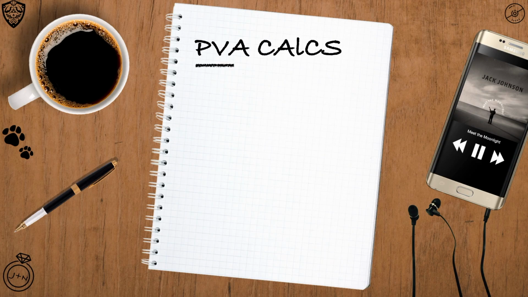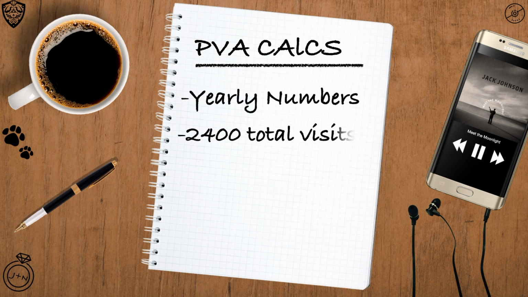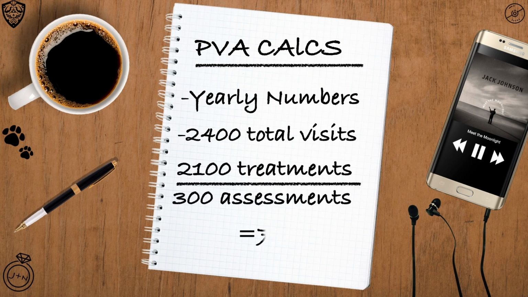If we extrapolate the previous numbers that we looked at out to a year, where in 12 months we see 2,400 patients, with 300 of them being assessments and 2,100 being follow-up sessions, this gives us the same PVA calculation of 7. In this case, yeah, I would probably say that on average, patients that come into the clinic are seen for an average of 7 follow-up visits.